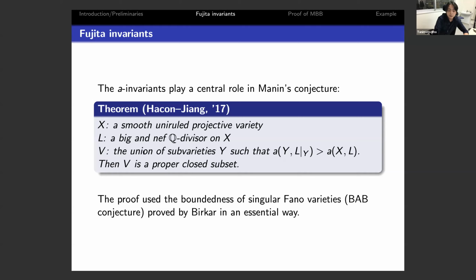If you take the union, one can prove that this is a proper closed subset. This proof uses boundedness of singular Fano varieties, the BAB conjecture proved by Birkar, in an essential way. I don't think we can prove this without BAB right now.